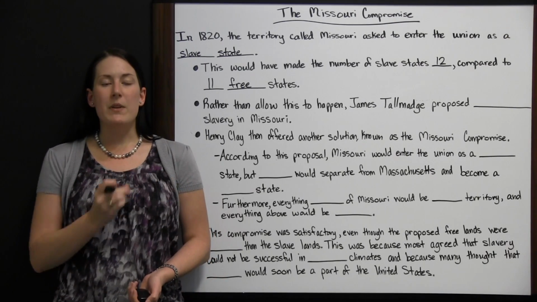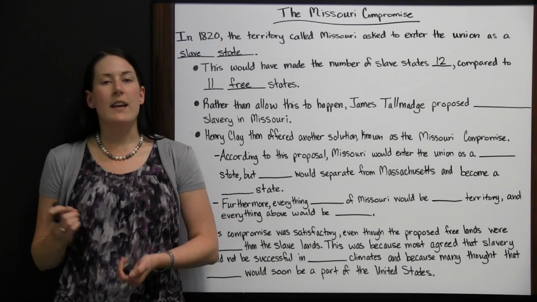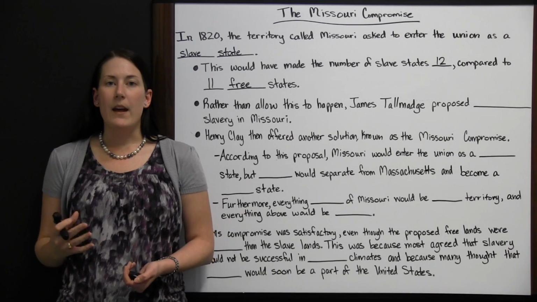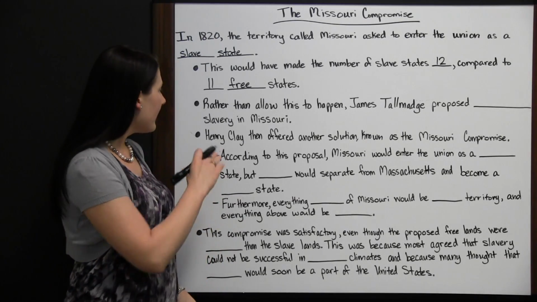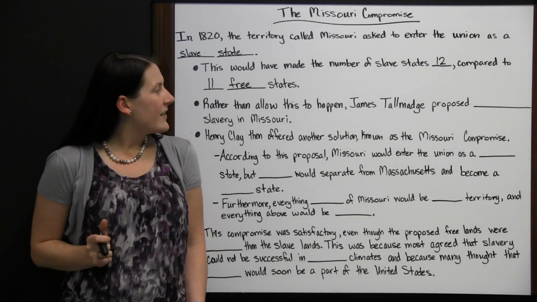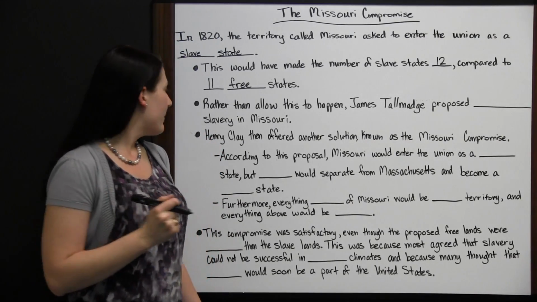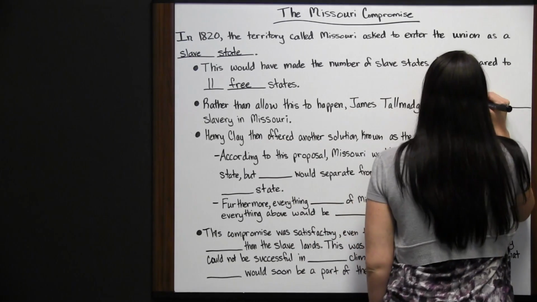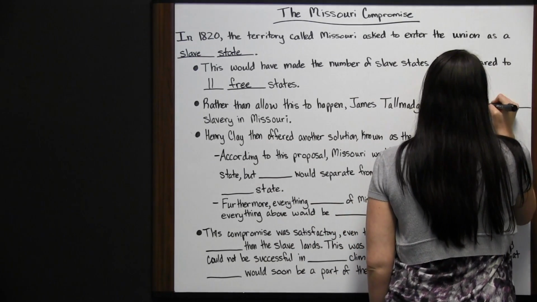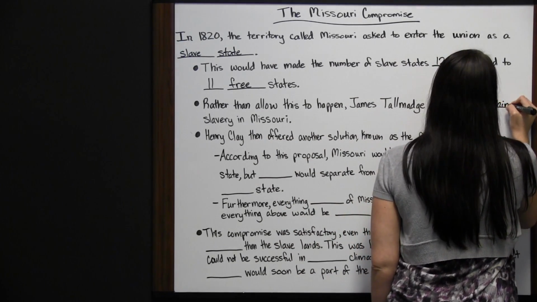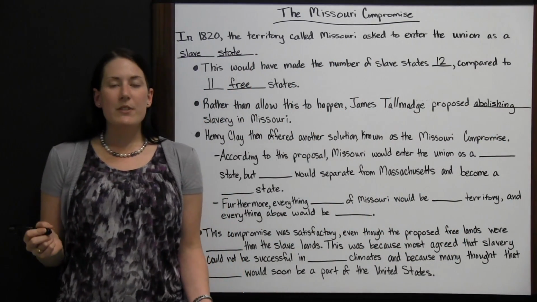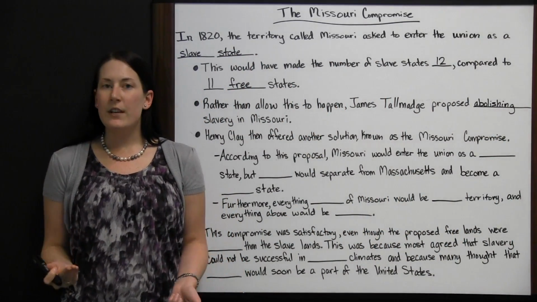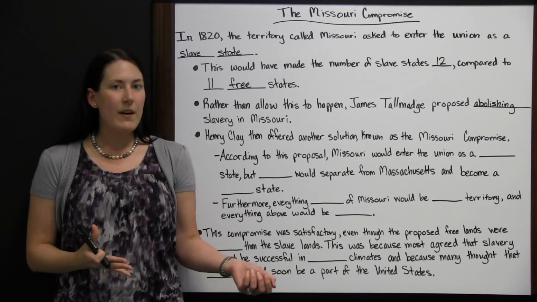There would be more people in favor of slavery than there were in favor of not having slavery, in favor of being a free state. So, rather than allow this to happen, James Talmadge proposed abolishing slavery in Missouri. So he said, okay, how about we just make Missouri a free state? If we make Missouri abolish slavery, Missouri enters as a free state, how about that?